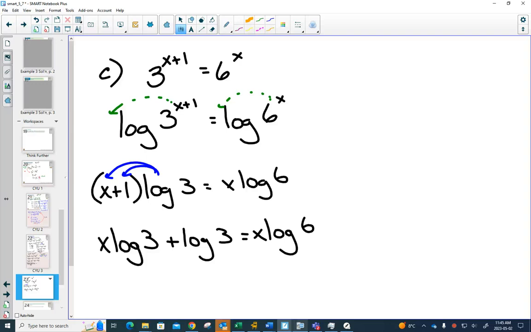So, for example, I'm going to change the numbers. Instead of log 3, I'm just going to write 3, and instead of log 6, I'm just going to write 6. Those are easier numbers. You're used to numbers like 3 and 6, right? You're not used to log 6 as a number, right?